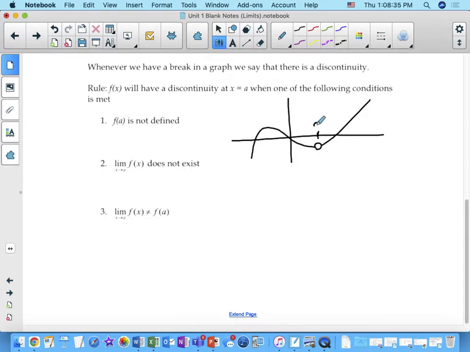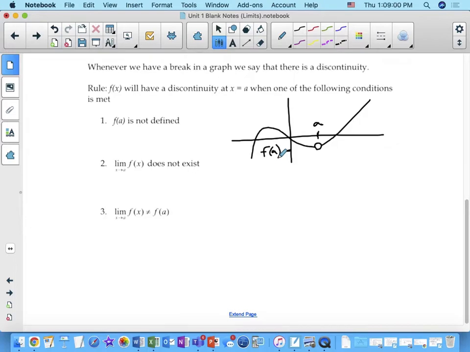So this is a. And this is f of a. Okay, that would be a point of discontinuity. Now, this point of discontinuity has a limit.